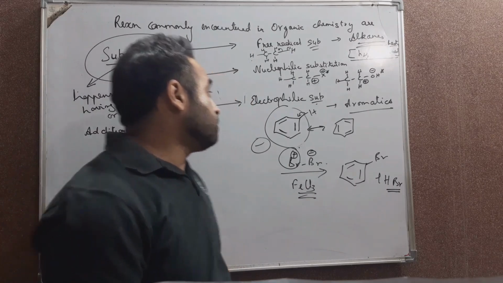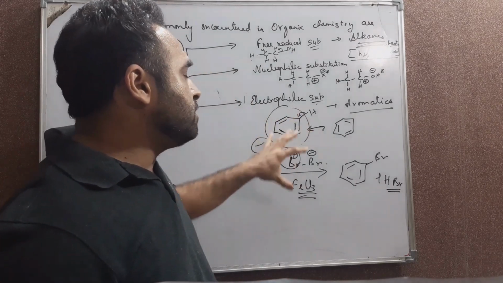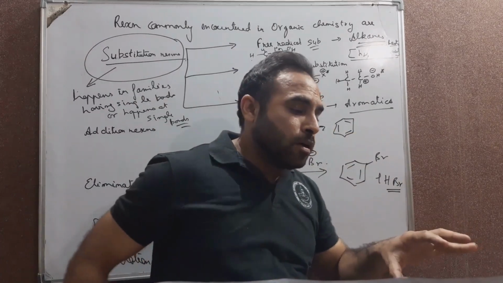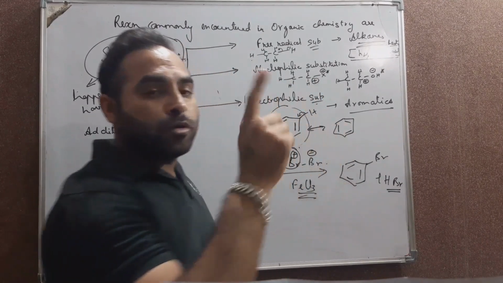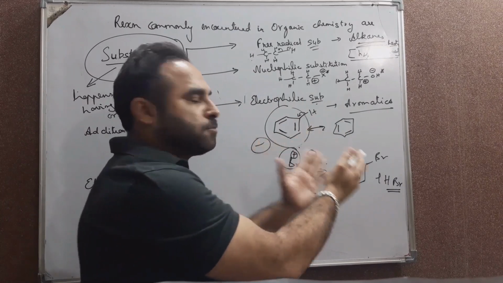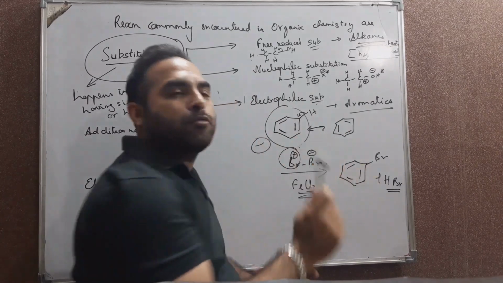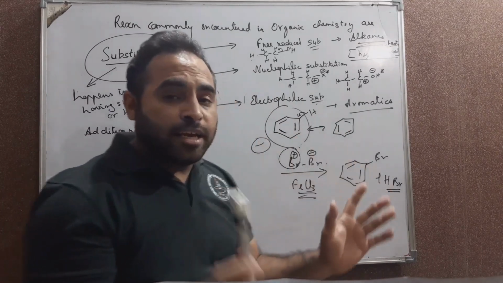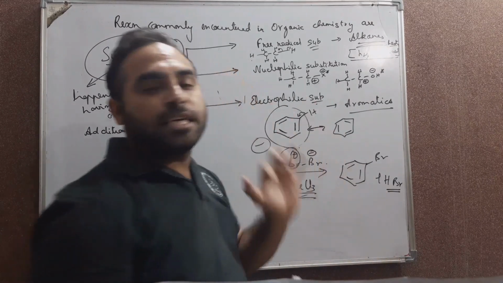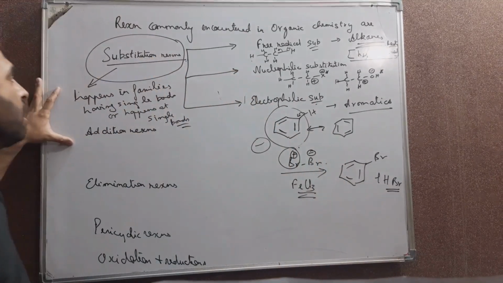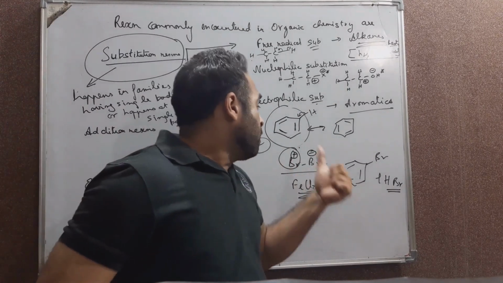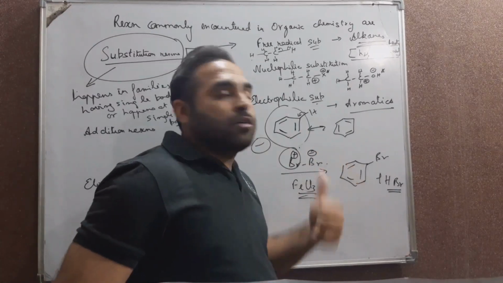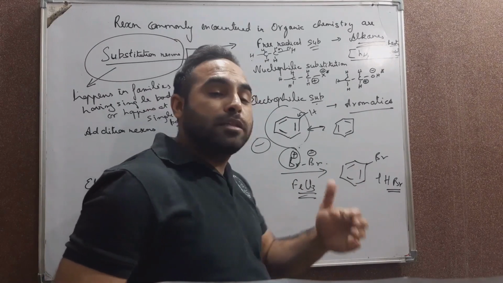Okay, so why is the pi bond, which you know is a weak bond, not broken? The single bond between the carbon and hydrogen is broken. There is substitution. Hydrogen is replaced by bromine. It is not adding, it is a substitution reaction which is happening at a single bond. What I have stated earlier, that substitution reactions happen at single bonds only. So why is the pi bond not broken over here?